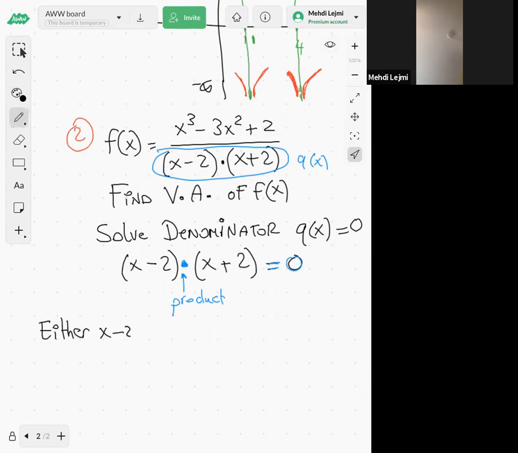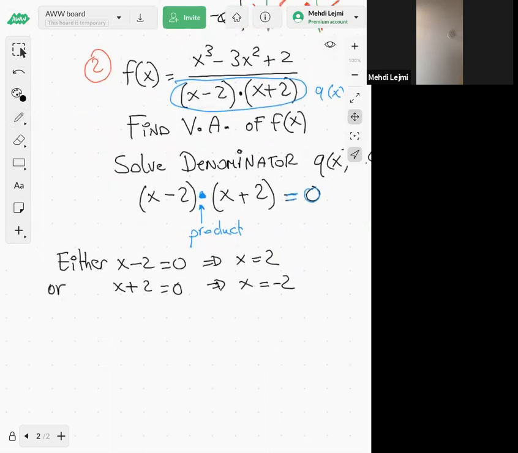Or of course the x plus 2 is 0. So then x minus 2 is 0, x is positive 2, or x is negative 2. So we're going to have two vertical asymptotes. So the answer here: the vertical asymptotes are x equal to positive 2 and x equal to negative 2, right?